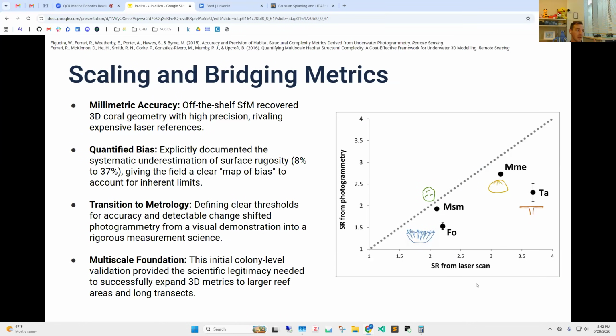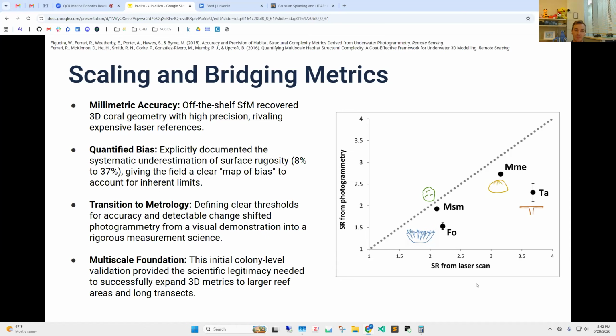And Renata Ferrari, I think actually somewhere in Australia, during her PhD, had two really cool publications where they showed early validation that off-the-shelf structure from motion was able to recover this complex geometry with, again, millimeter accuracy, kind of rivaling what you would get with laser scanners.